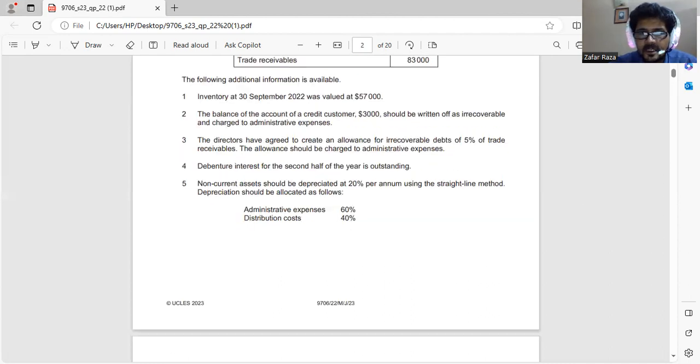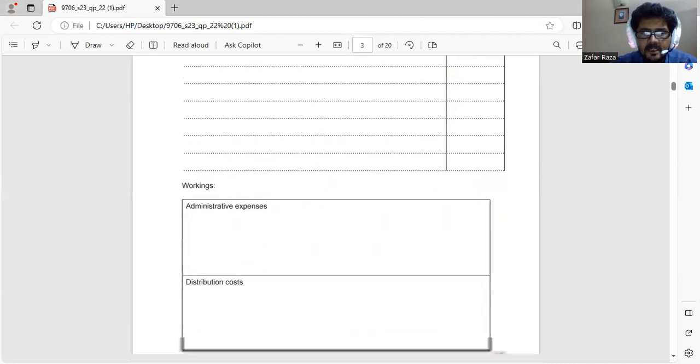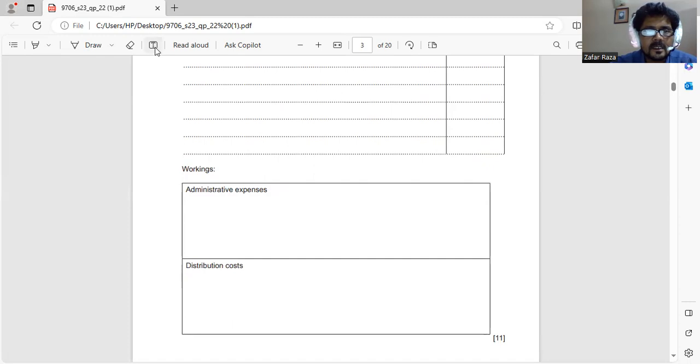So in the working column, we'll write administrative expense. Already given is 28,000, plus 3,000 bad debts, plus provision for doubtful debts. How much is the provision for doubtful debts?